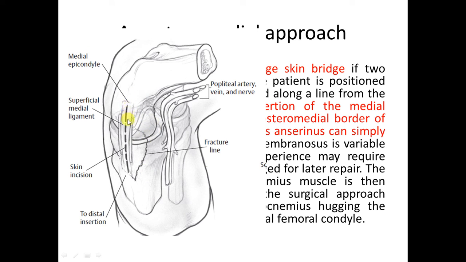Usually in the posteromedial approach, this is the collateral part, and this is the posteromedial crest here. Pes anserinus is here, so you open from the posteromedial surface, the crest of the tibia, to the medial epicondyle.